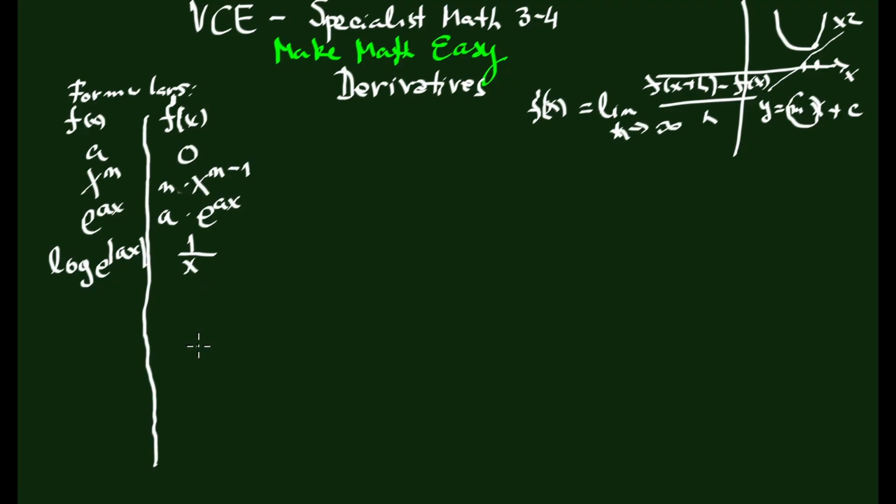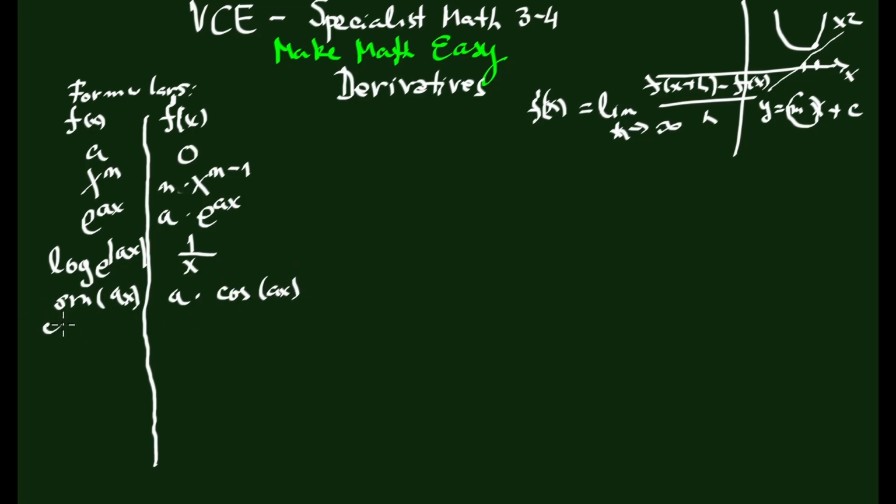Looks good. Now some trigonometry. You've got sine of x, and it's simple. Let's do it generic: instead of x, we'll put ax. So the derivative of sine of ax equals a times cosine of ax.